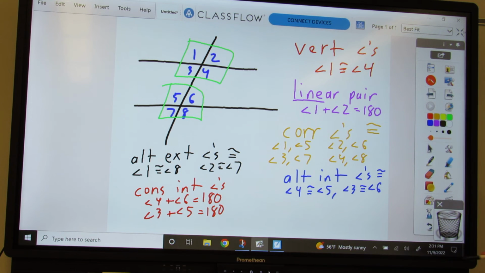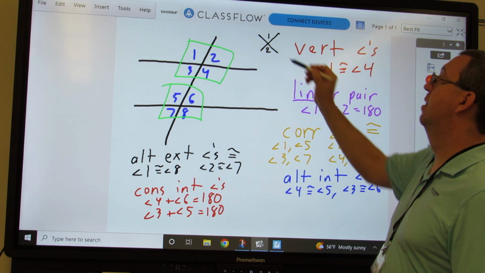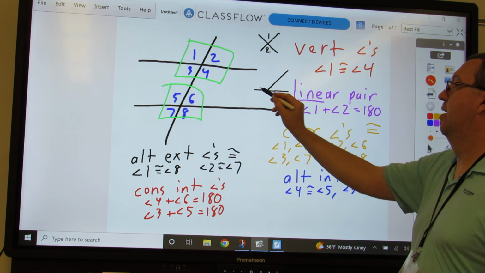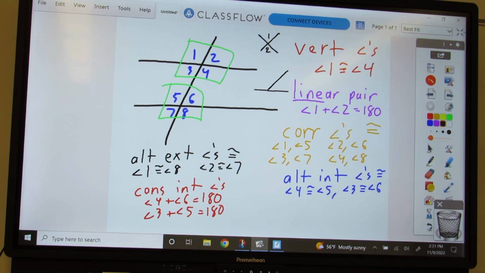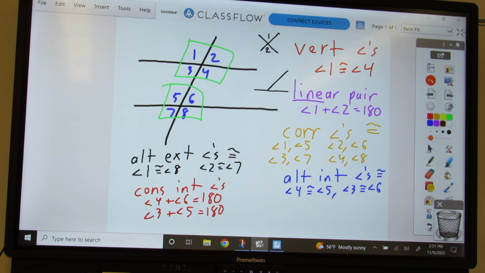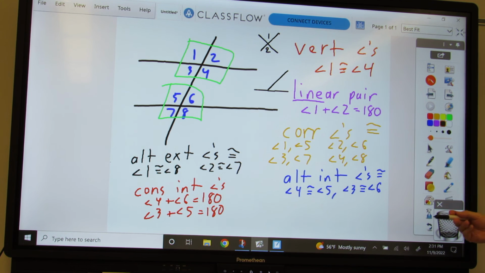So going back through this, we have 6 types of angles here. Vertical angles and linear pair, both of those are based on the corner. Vertical angles are angles that are made up of the same line. A linear pair makes a straight line when they're together. The other ones are based on our parallel lines. They exist without parallel lines, but they're congruent or supplementary based on parallel lines. So corresponding angles are congruent, they're in the same relative position.